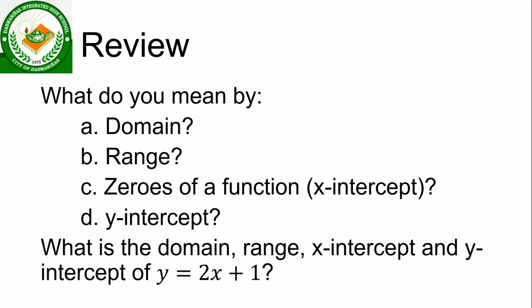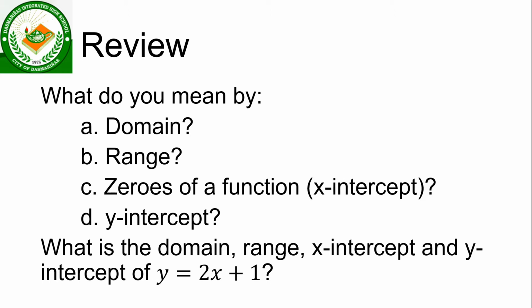Okay? For letter C, or for the third one, let us have the zeros of a function. How are we going to determine the zeros of a function? It is just the x-intercept. Meaning to say, we replace y by 0 and then solve for x. And for our y-intercept, we replace x by 0 and then solve for y.